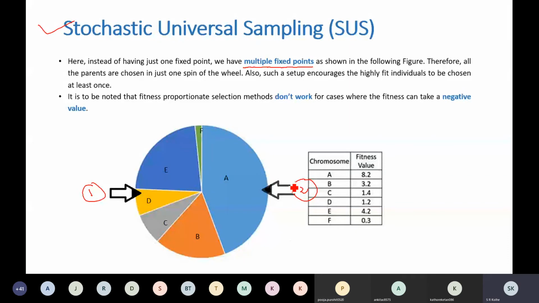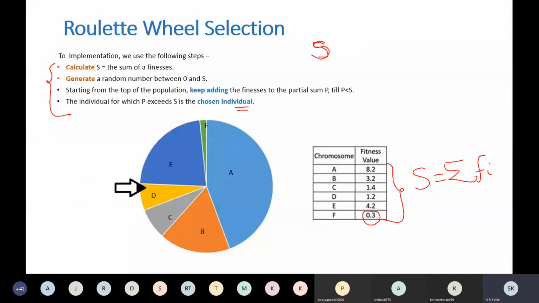Similarly, if you go back to roulette wheel selection, there is a chance that the same individual might get selected again. That's not the case here. For example, A has the highest fitness. In the first spin, suppose A is selected, and in the second spin there might be a case that A gets selected again.